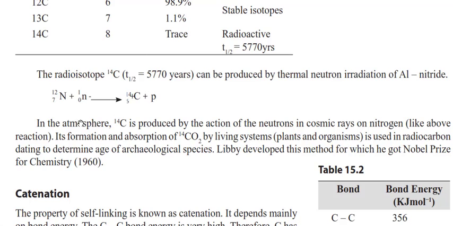Okay, so in the atmosphere, C14 is produced by the action of neutrons in cosmic rays on nitrogen, and its formation and absorption as 14CO2 by living systems is used in the radiocarbon dating method to determine the age of archaeological specimens. Libby developed this method, for which he won the Nobel Prize in Chemistry in 1960.